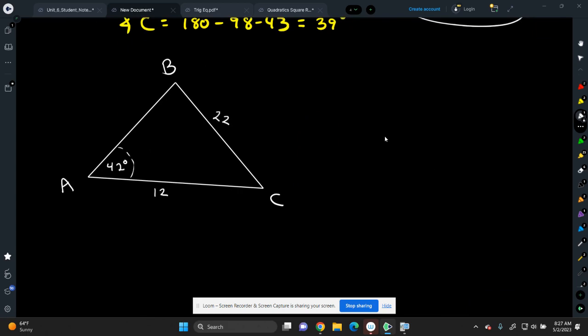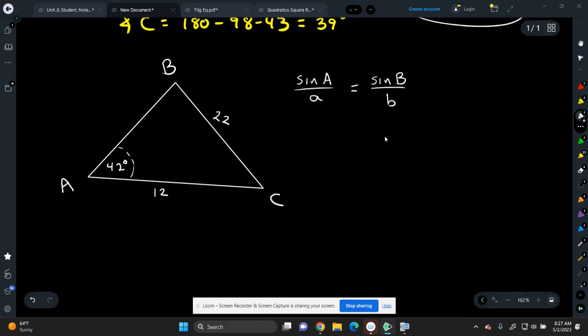So I have to use my law of sine to do that. So I'm going to do sine A over A equals, now I've got side B, so it's going to be sine B over B, okay? So that's going to give me sine of 42 over 22 equals sine of B over 12.